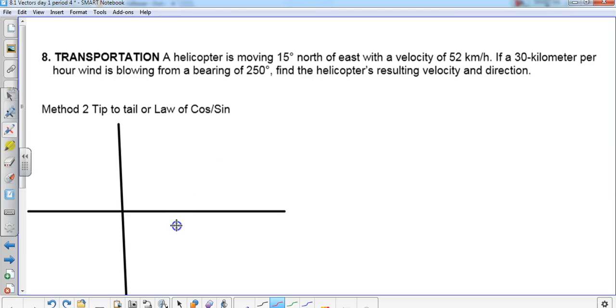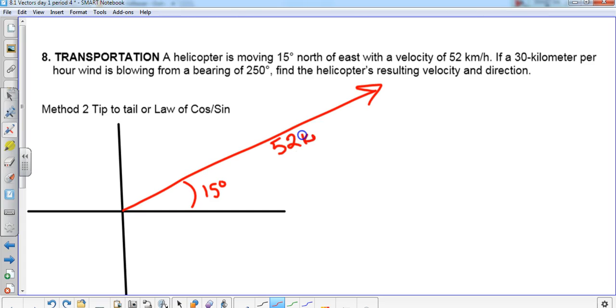Not often. I mostly use components, but I'm going to exaggerate the angles just because I need some room to work this time, okay? Same exact problem, so it's 15 degrees here, and this is 52 kilometers per hour, okay?